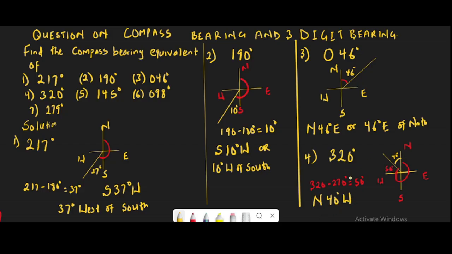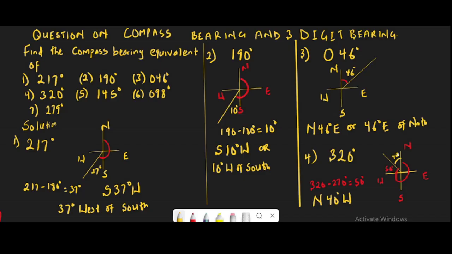Take note, look at it again. We take our 320 from the north in the clockwise direction. Here 90, another 90, it becomes 180 here, 270. What do we add to 270 to give us 320? That is 50. If here is 50, then the remaining part is 40, because the fourth quadrant equals 90. 50 plus 40 gives us 90.